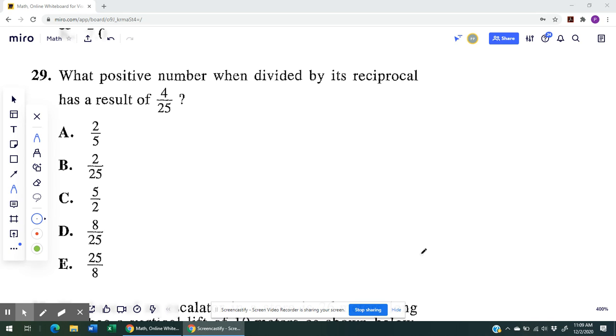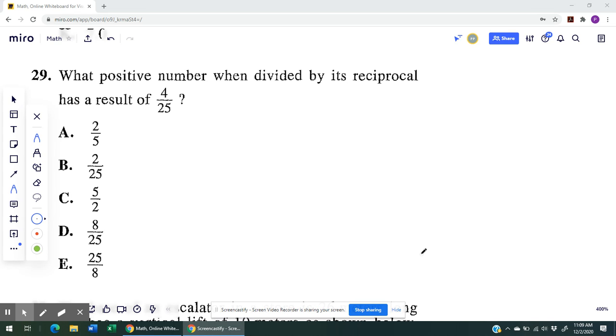Also, you need to know certain basic math, certain terms. As in this case, question 29, you need to know what a reciprocal is. If you know these basics, these questions, all 60 questions, tend to be fairly easy.